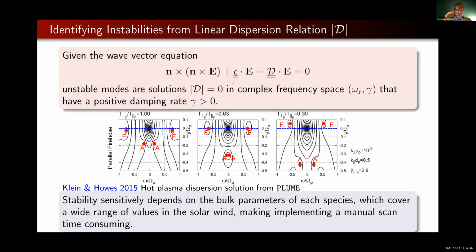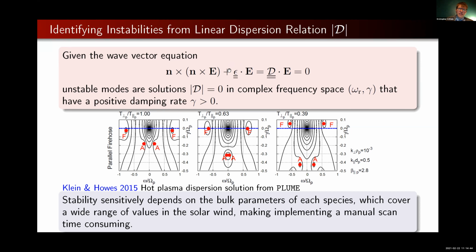So we are trying to determine if a particular equilibrium is stable or unstable. To do that, we return to our wave equation. In this particular case, we've linearized the system and we've determined what is the current that is carried by each component and how is that associated with the linearized electric field.